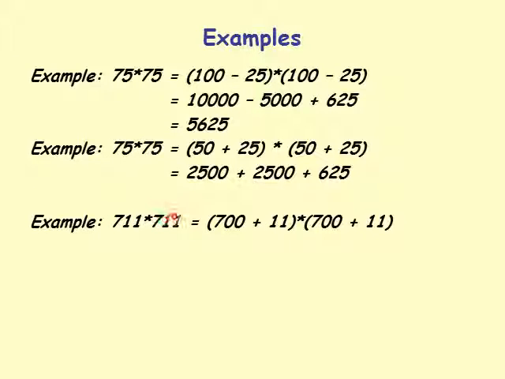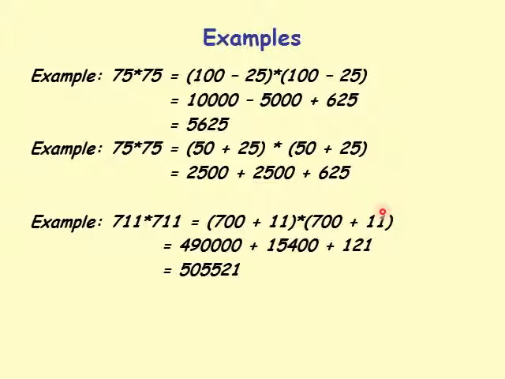Let's do another example: 711 times 711, which is 700 plus 11 squared. So a is 700, b is 11. A squared is 49 with 4 zeros at the end. 2 times a is 1400, times b, 11. 1400 times 11 is 15400, plus b squared.